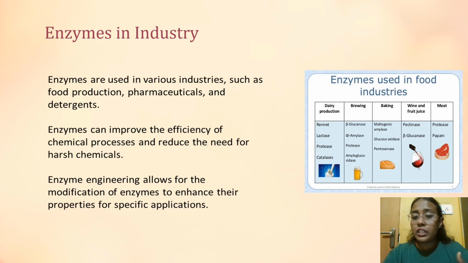Baking uses maltogenic amylase, glucose oxidase, and pentosanase. Wine and fruit juice use pectinase and beta glucanase. Protease and peptidase are used in meat, maybe for preservation also.